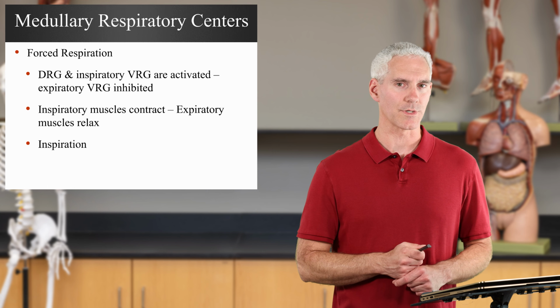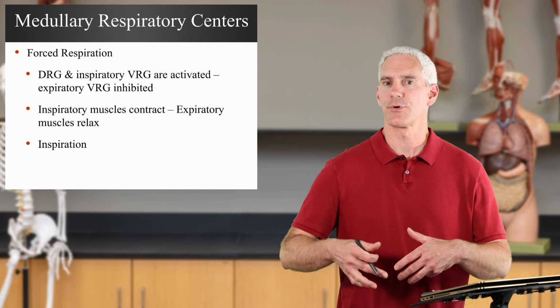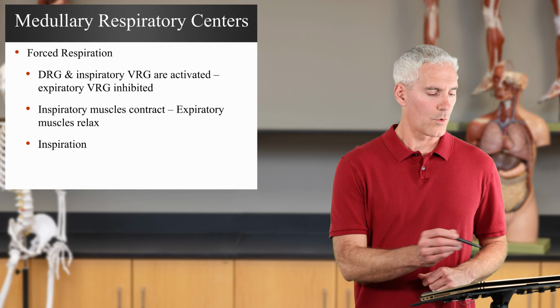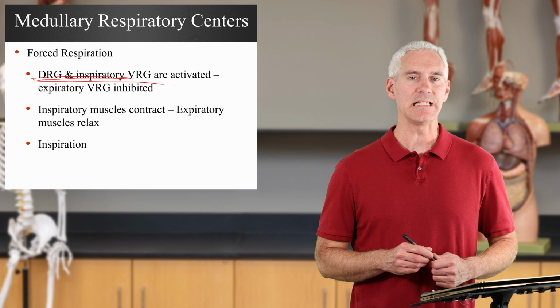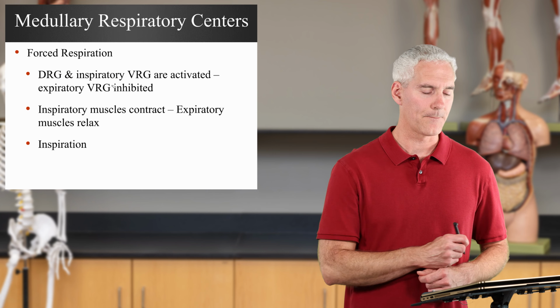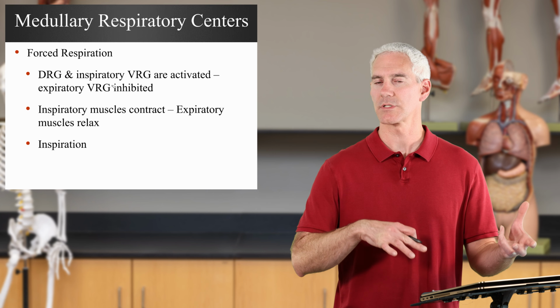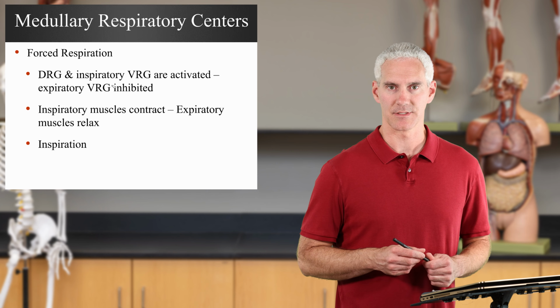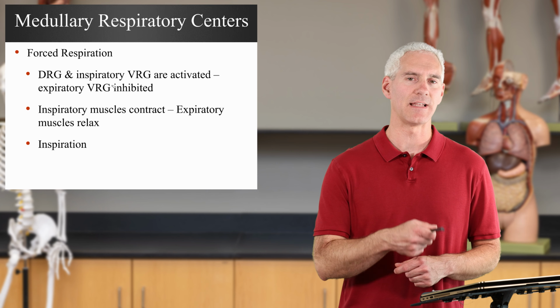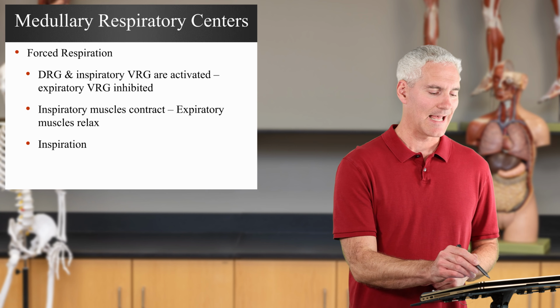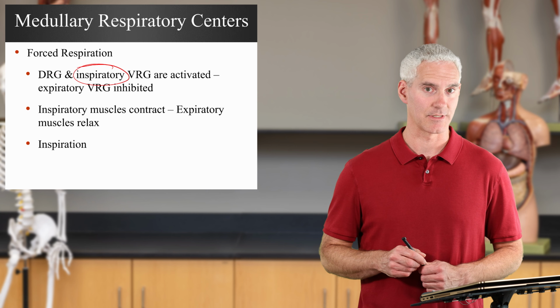But now in forced respiration, when you're breathing deeper in and out, we're going to have the DRG and the inspiratory VRG both being activated. So you're now using both systems, the dorsal and the ventral respiratory groups. But you're focusing on the ventral respiratory group's inspiratory action.